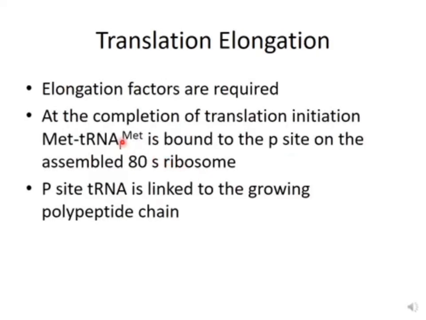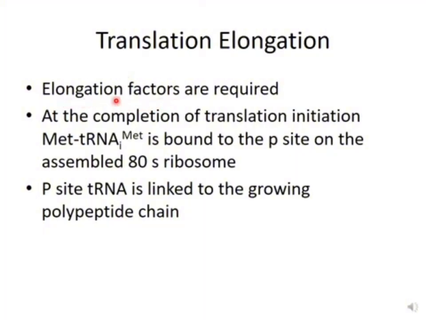Once initiation is complete, and that is by the assembly of the ribosome, the elongation phase of the translation of proteins starts. As in initiation, elongation requires the presence of elongation factors.